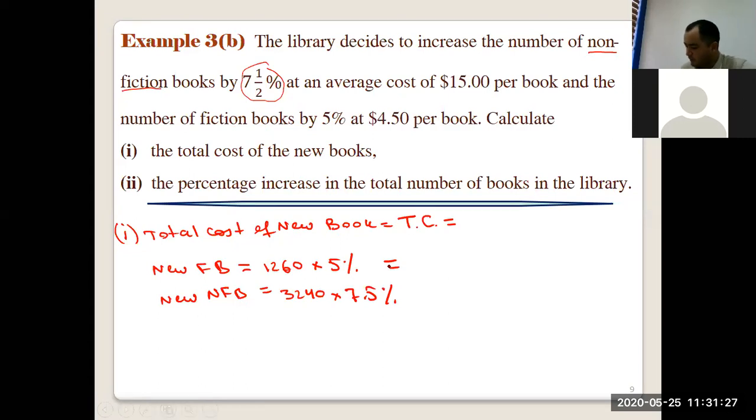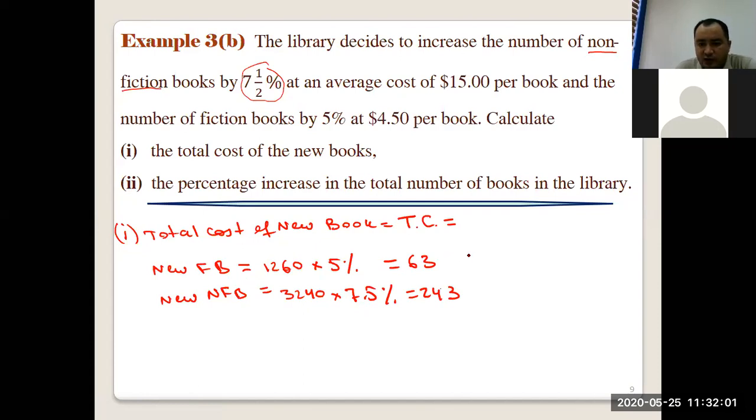So 0.05 times 1,260, that's equal to 63. So we are going to buy 63 new fiction books. And how about non-fiction books? It is 7.5%, that is 0.075 times 3,240, that's equal to 243 new non-fiction books.